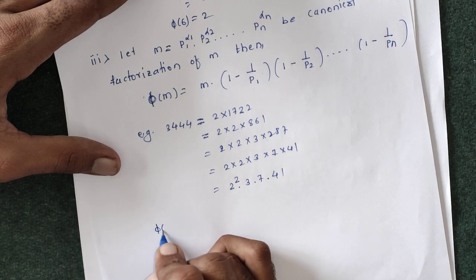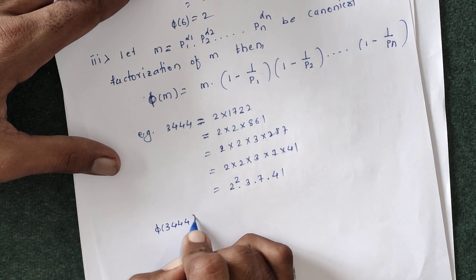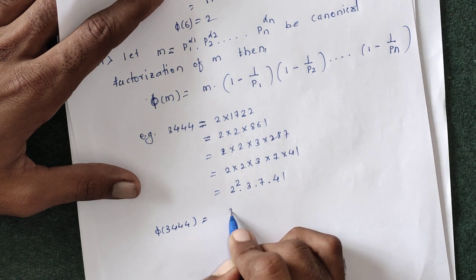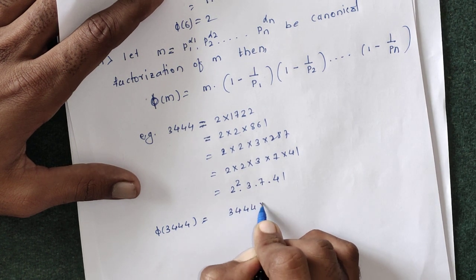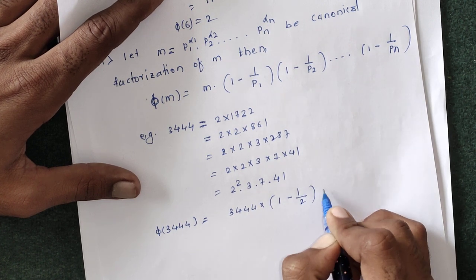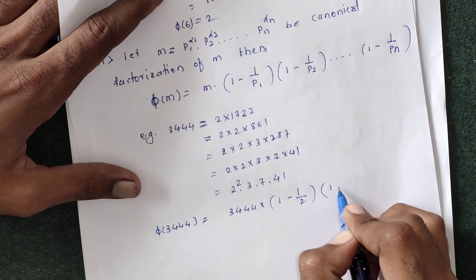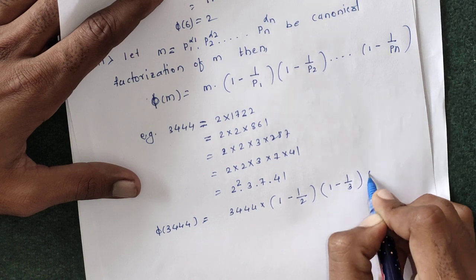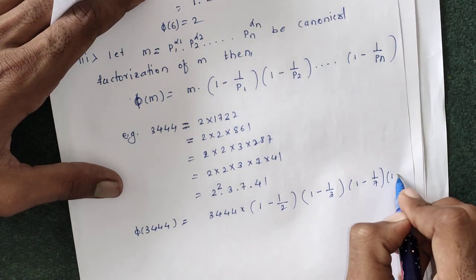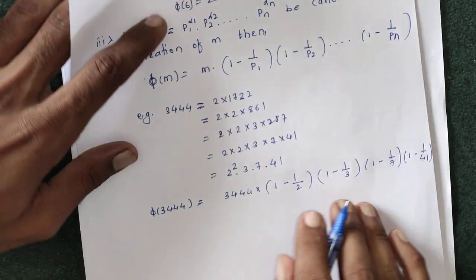So to find phi of 3444, we can use the result: 3444 into 1 minus 1 upon p1, that is 2. Again 1 minus 1 upon p2 which is 3, 1 minus 1 upon 7, 1 minus 1 upon 41.